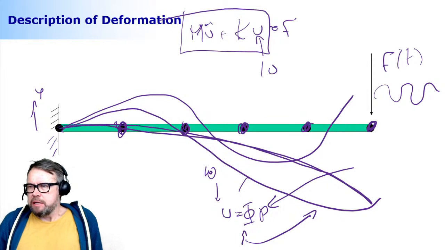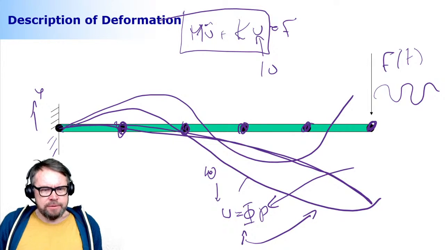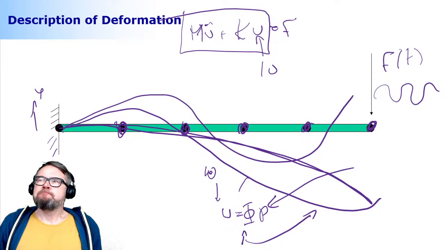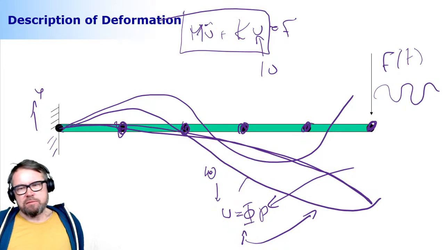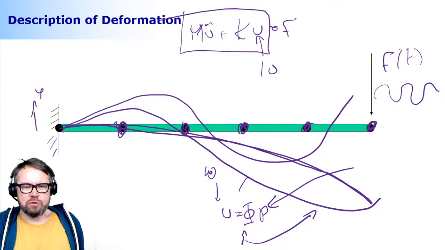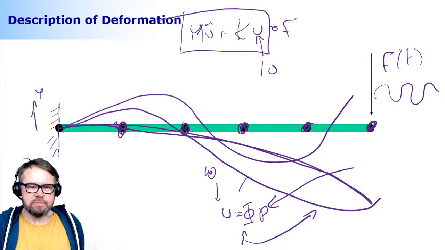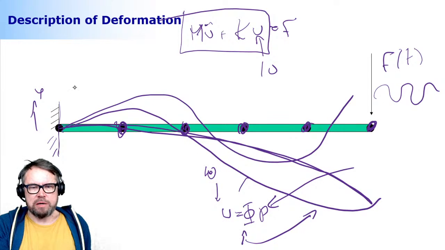And then there's a next in-class quiz, which is about how many different modes, how many different ways a structure can deform. I can already tell you that, let's say there's no boundary condition at all.